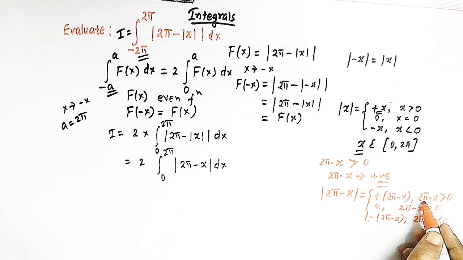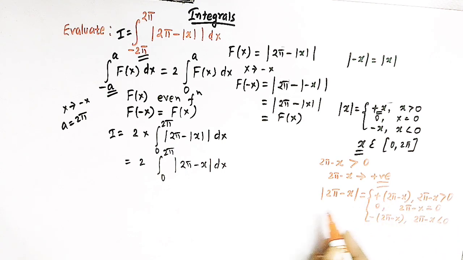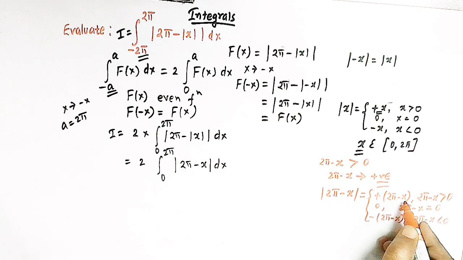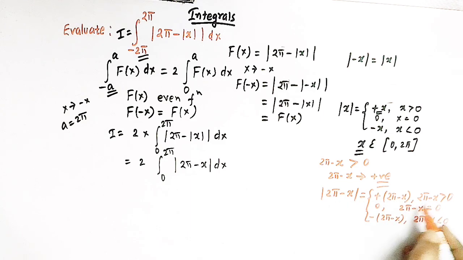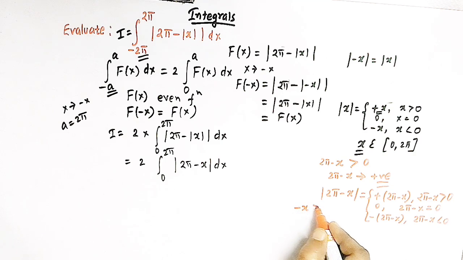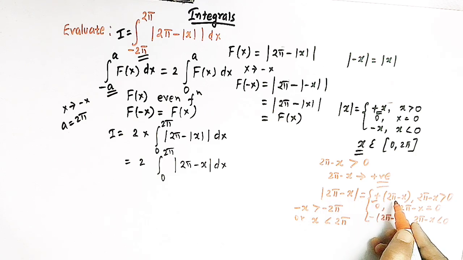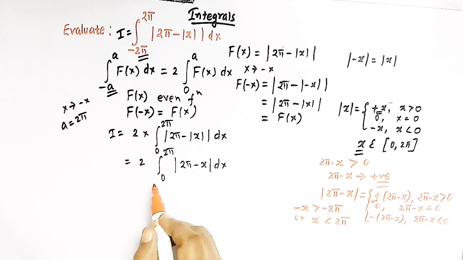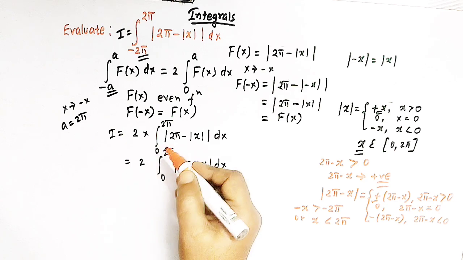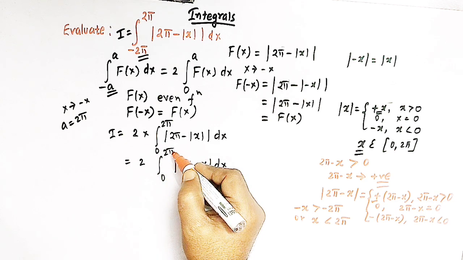So from this part of the definition, we can see that mod of 2 pi minus x is equal to positive 2 pi minus x when minus x is greater than minus 2 pi, or x is less than 2 pi. Right? So whenever x is less than 2 pi, mod of 2 pi minus x is equal to positive 2 pi minus x, and our limits of integration vary from 0 to 2 pi, right?